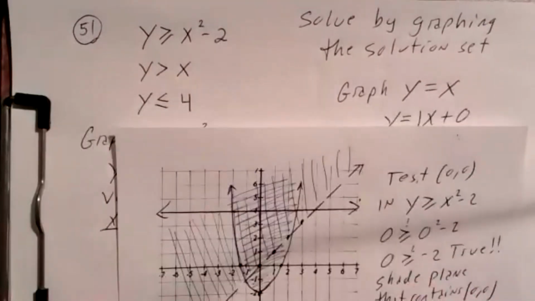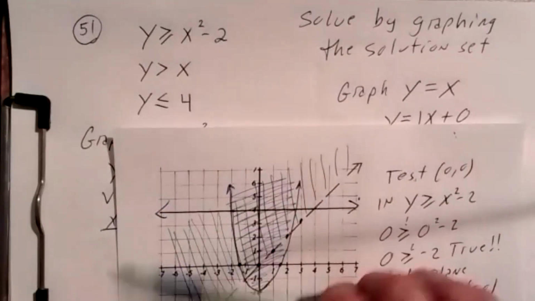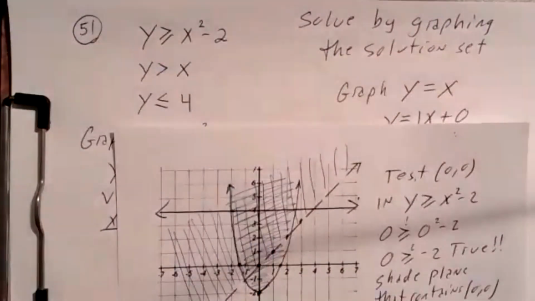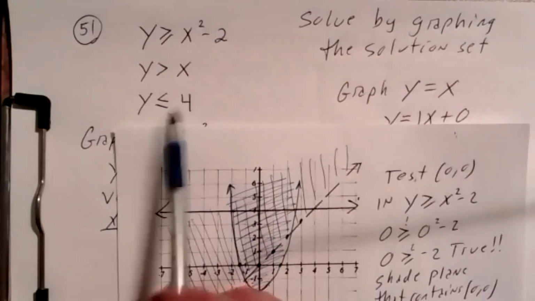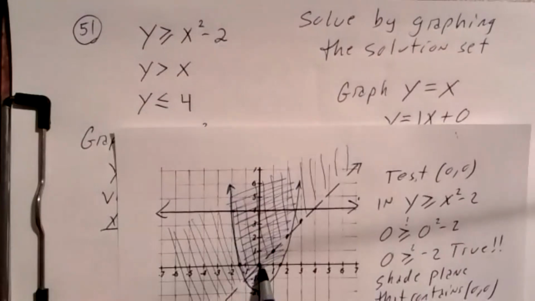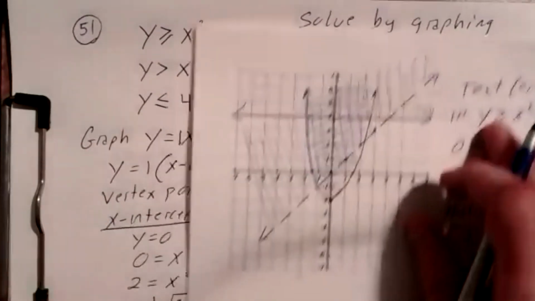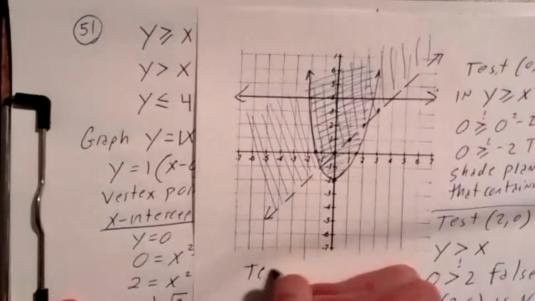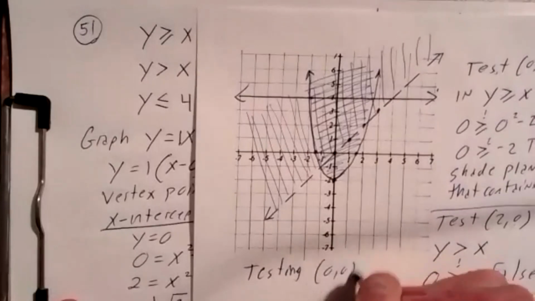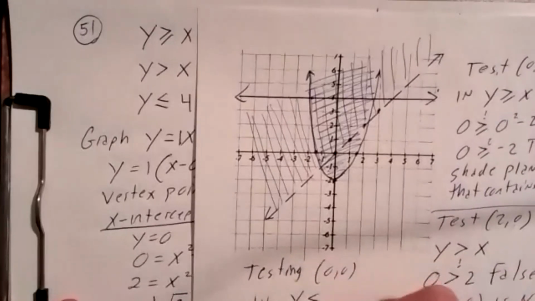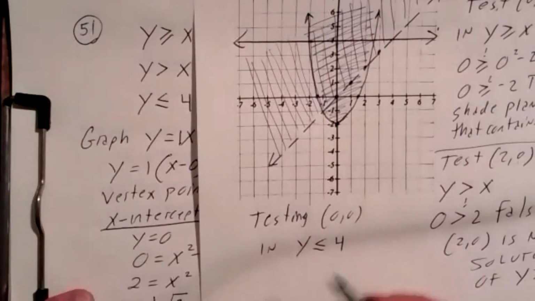And one last move now is we have to determine, do we shade the plane below the solid horizontal line or above? To answer that question, we have to test a convenient test point in the third inequality. Notice 0, 0 is available. And so therefore testing 0, 0 in y less than or equal to 4, is 0, 0 a solution?